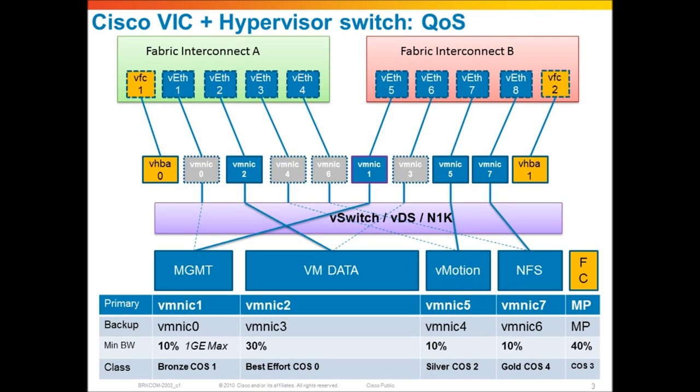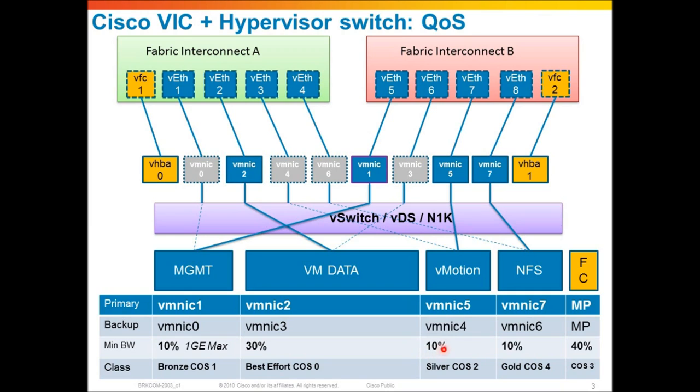So I've been able to accomplish that objective here by defining, for example, the vNIC that is associated with VMNIC 5, I assign to the Silver QoS policy in UCS Manager, and I defined it with a 10% minimum bandwidth. So I know that if everything is totally congested on the server, vMotion is always going to get at least 1 gig of bandwidth. But if everything is completely idle and there is no utilization, well, this is a 10% minimum.